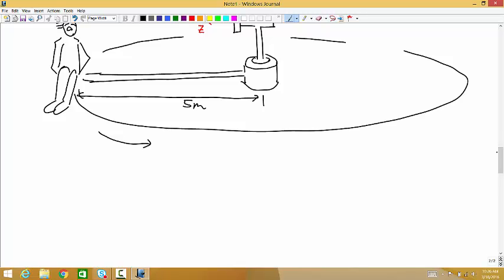And let's think about, okay, imagine we put sensors in the chair to measure the force.